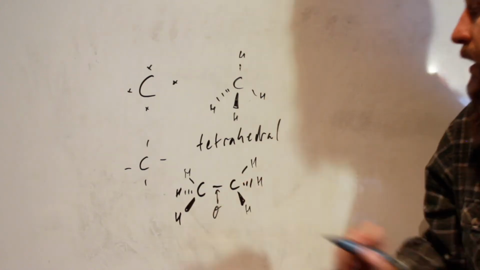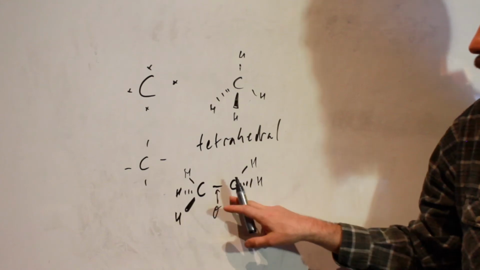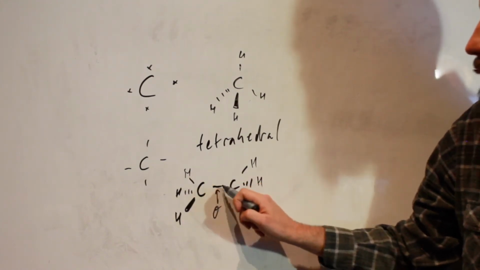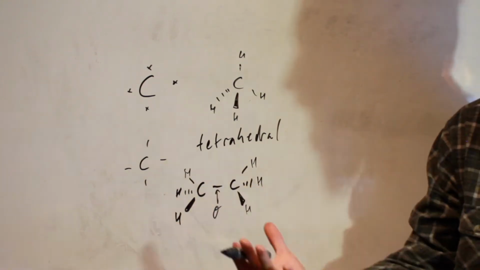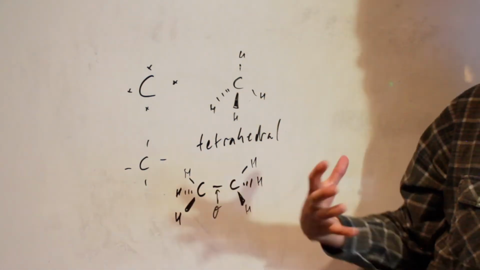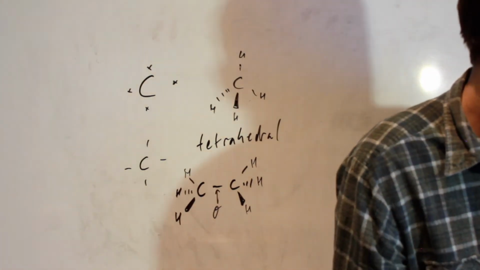So that's one sigma bond. Sigma bonds are our single bonds. Very strong. This is an electrostatic force of attraction between the shared electron pair, the covalent bond in the middle there, and the nuclei of the two carbons being positive nuclei. So that's a very strong force of attraction between the two carbon atoms, our intramolecular forces.